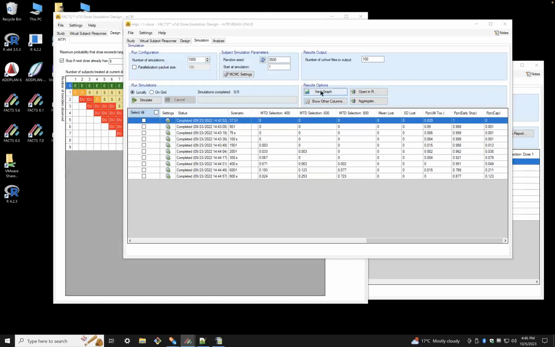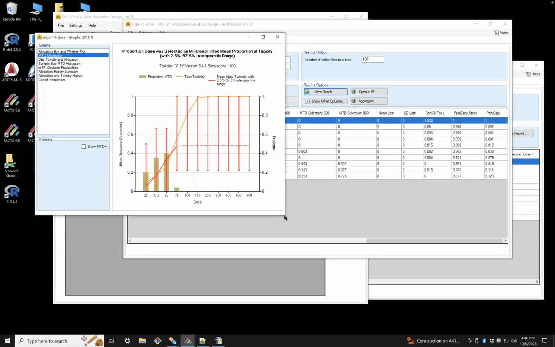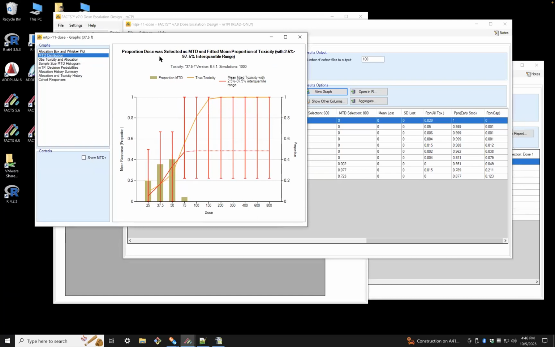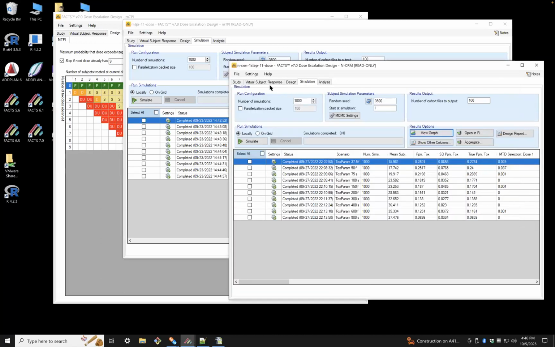A good highlight is to look at the distribution of the MTD per scenario. But obviously we've got a number of scenarios and we're not going to look at each one. And we need to look at where these scenarios came from. So I've done a similar thing, but I'm now using the N-CRM.